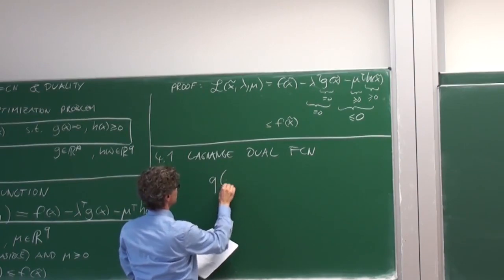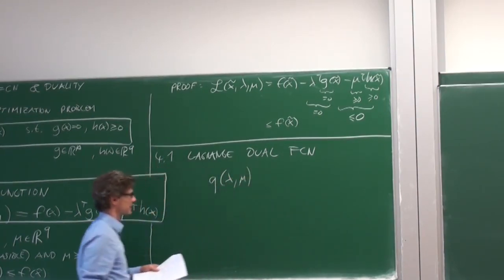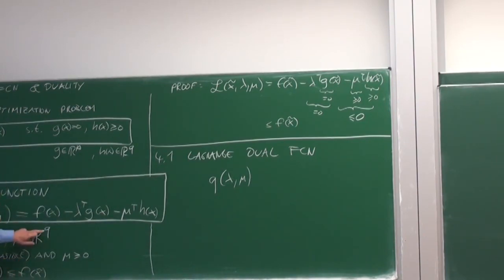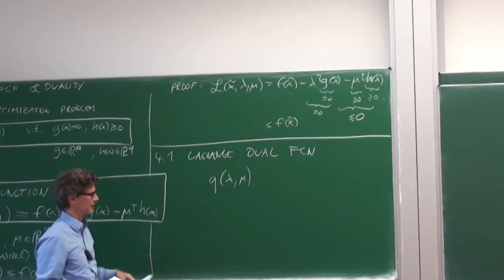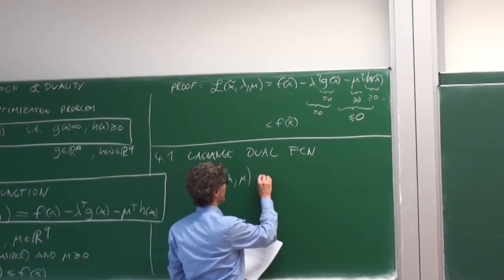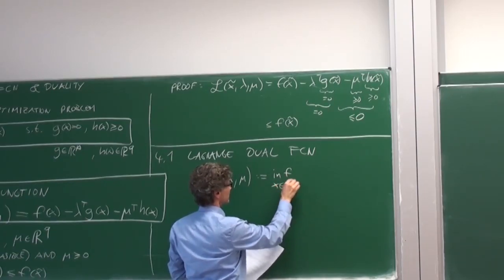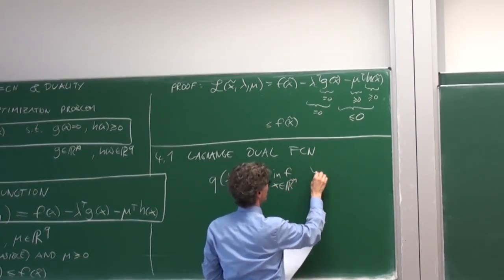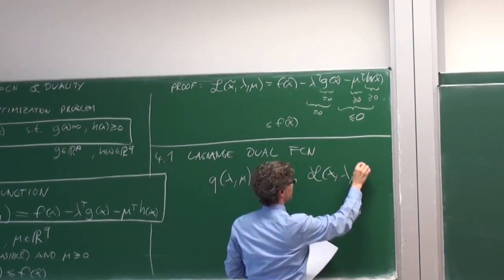we call it q of lambda and mu, and I realized when preparing the lecture yesterday that the q is doubly used here very nastily. This q is now just a scalar function, which is defined by the infimum over all x in the space of our Lagrange function for fixed lambda and mu.